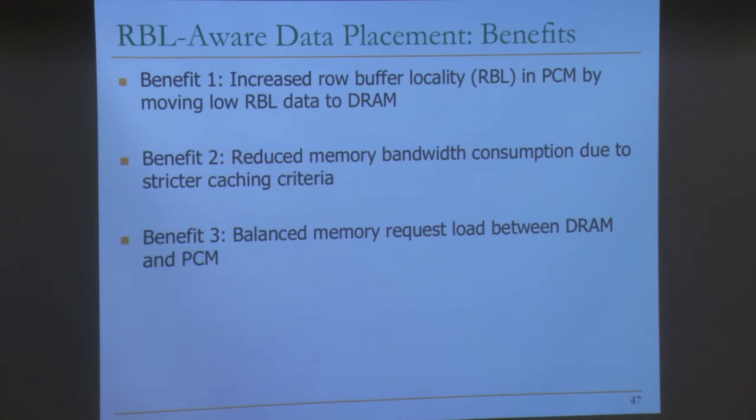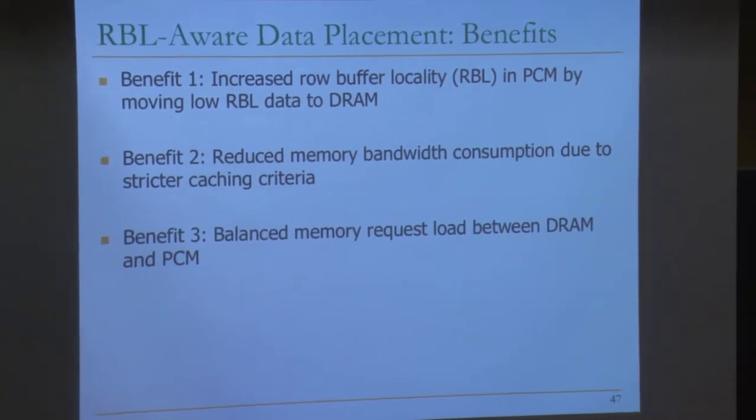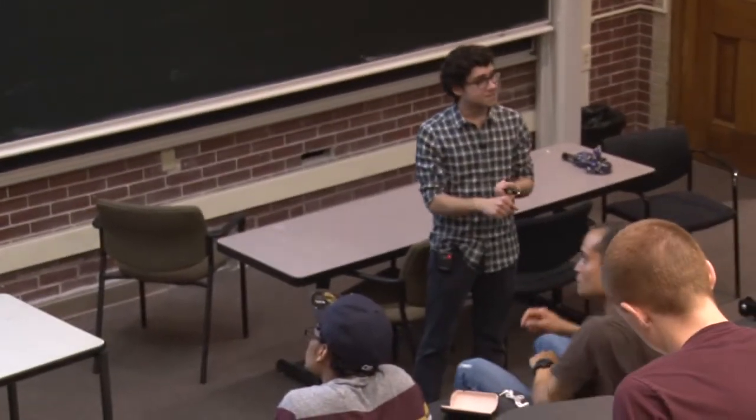So there's really 3 benefits that are going on here. These are a bit non-intuitive, and I'll try and step through them. The first benefit is that we're actually increasing row buffer locality in the phase change memory compared to the baseline system. Why is this the case?